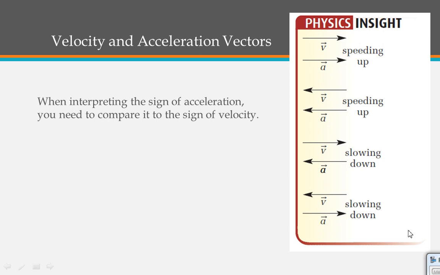Because if you're traveling west and accelerating west, you are speeding up. Here you're traveling east and accelerating east, so you're speeding up. Now here when they're in opposite direction, here you're traveling east but accelerating west. Here you're traveling west but accelerating east. So these two you're slowing down. Now these animations will really show you how powerful this is.